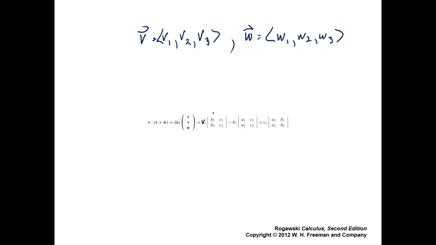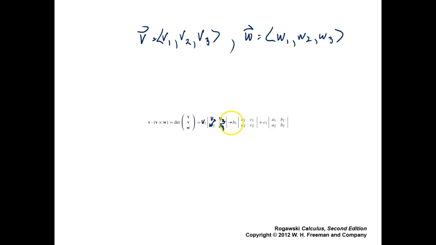This is V1. This is V1. This is V2, I think. That's not right. No. Okay. This is V2, V3, W2, W3.